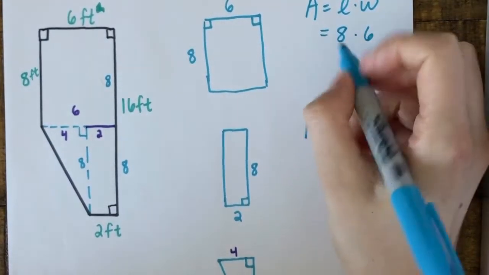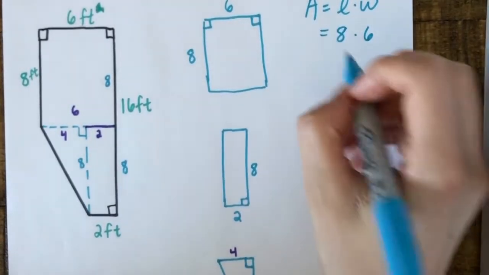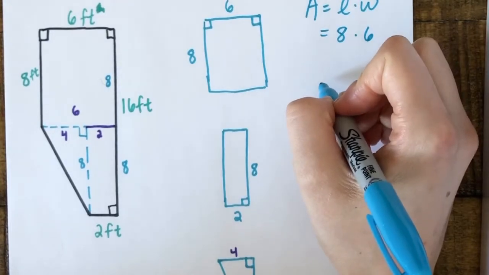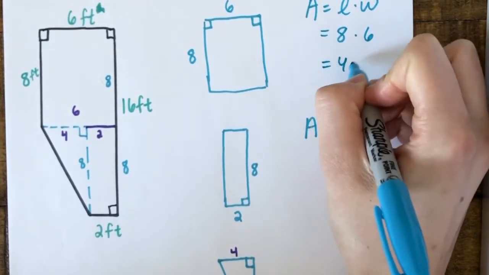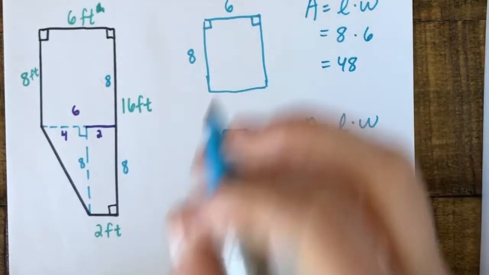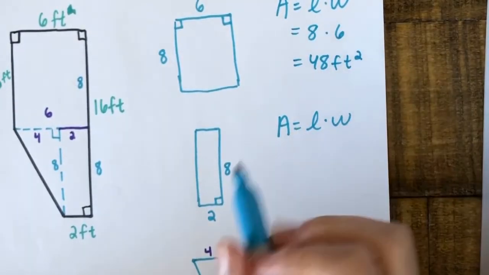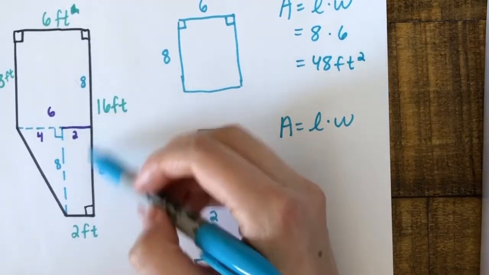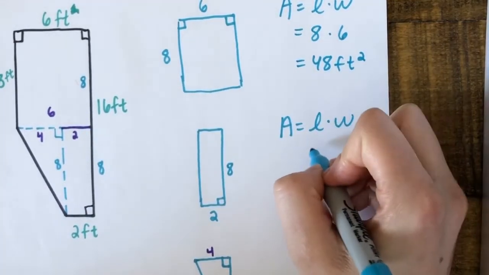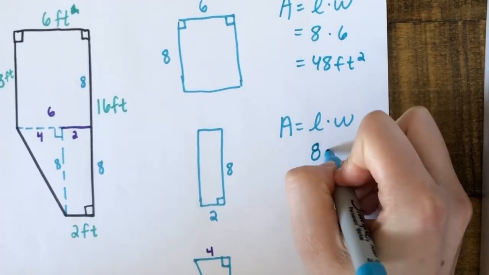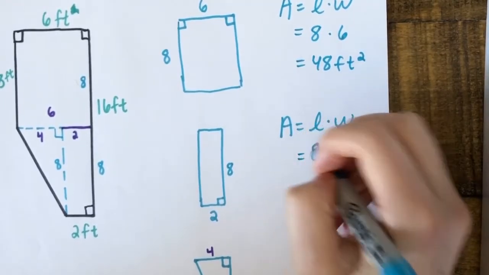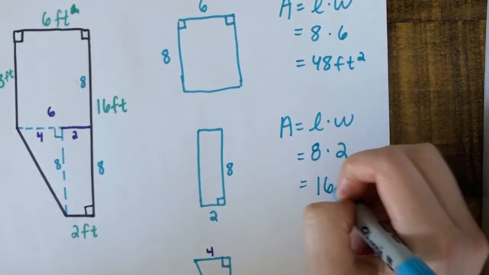But here I will multiply 6 times 8 is 48, and then my unit is feet, so square feet. Then in my short skinny rectangle, the length was 8 and the width was 2, and so that was 16 square feet.